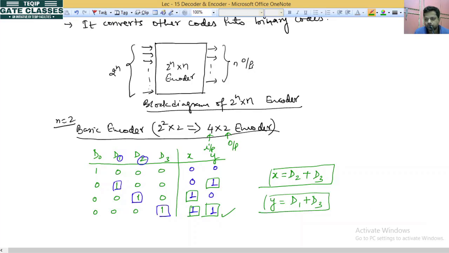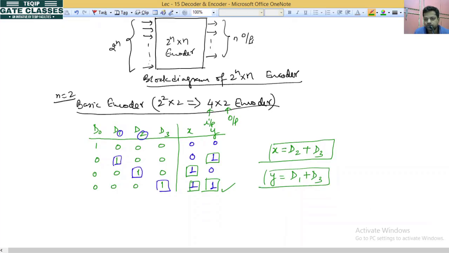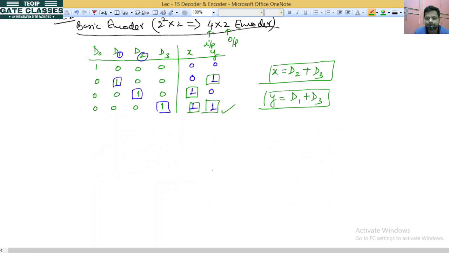So when you are going to make the circuit for this 4x2 encoder, we have 4 inputs, so it will be D0, D1, D2, D3.